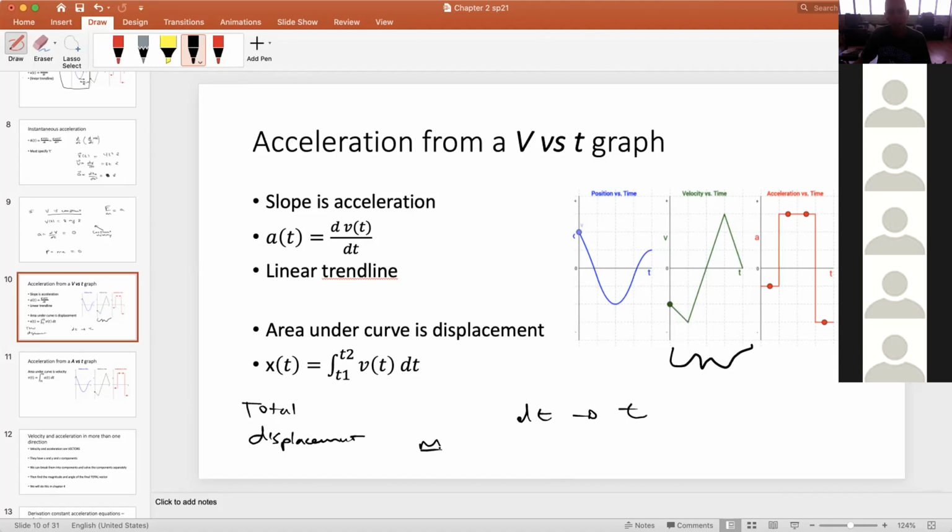So we have meters per second here, and we have seconds here, and we get meters, right? And this is an area. If you had a box, length times width would give you an area. So the area under the curve gives you x of t, right? So on a VT graph, the area under the curve is the integral, and that's equal to x.